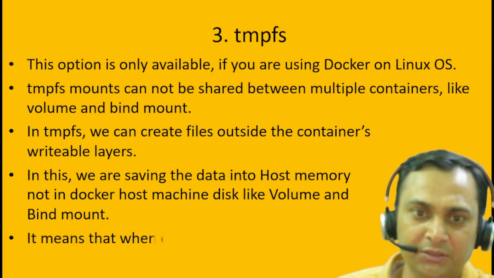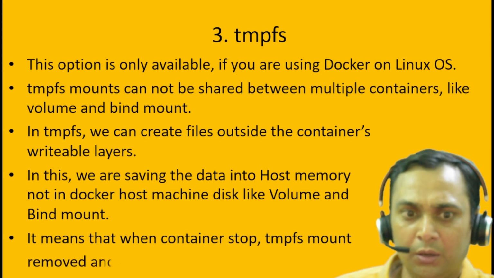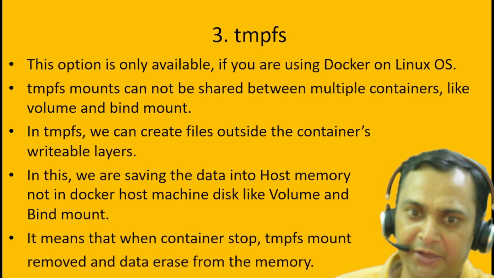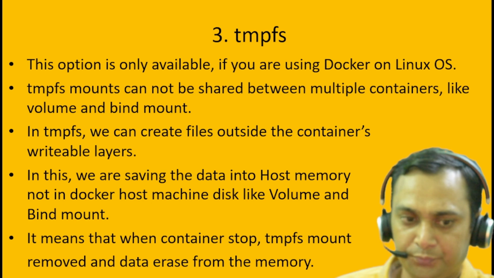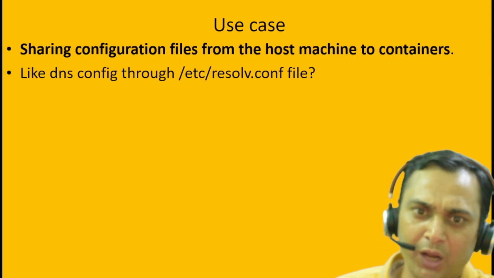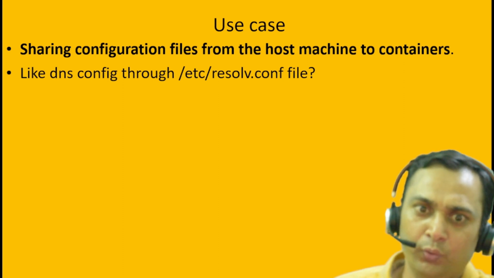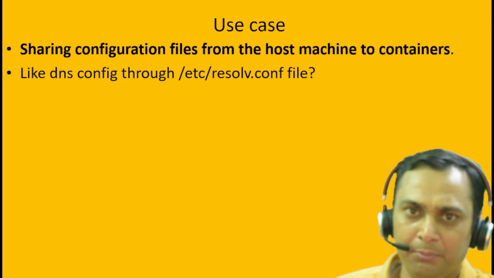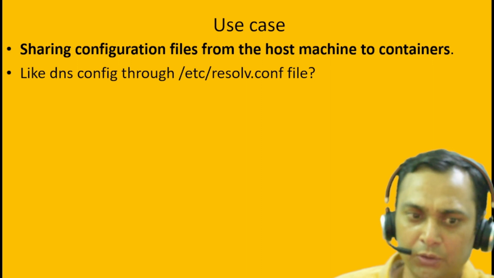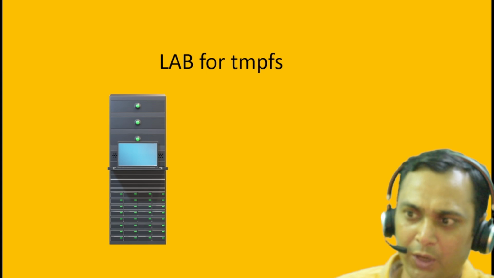It means that when the container stops, the tmpfs mount is removed and data is erased from the memory. A use case would be sharing a configuration file from the host machine to the container, like DNS configuration through the /etc/resolv.conf file, maybe. So the theory part is very little. So let's move to the lab for tmpfs.